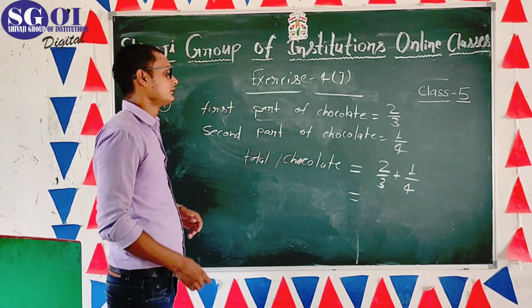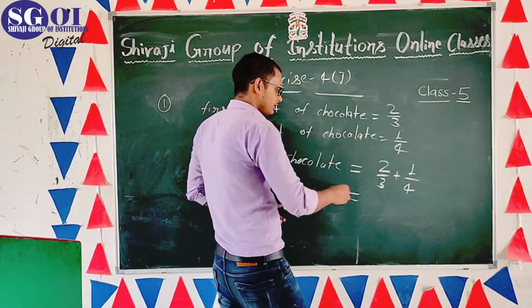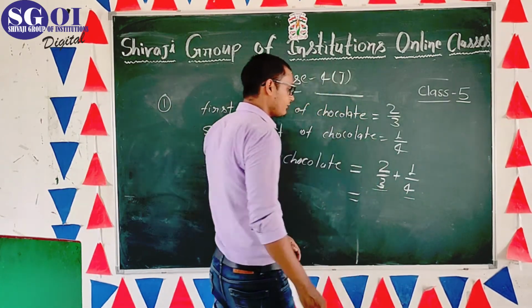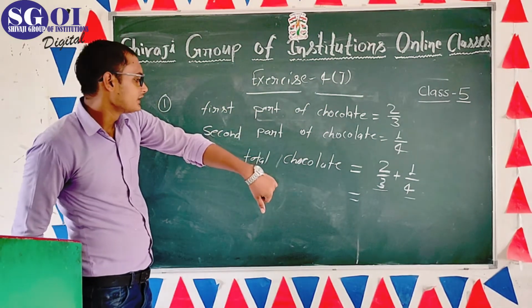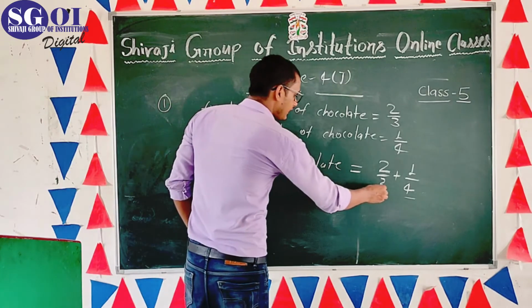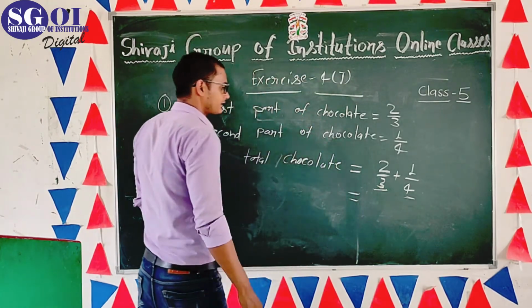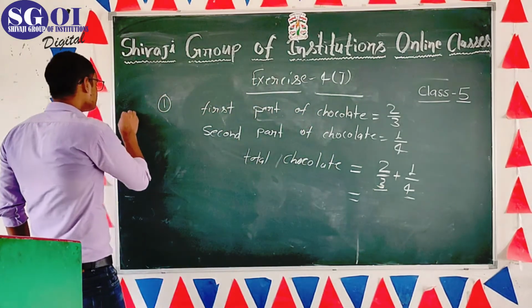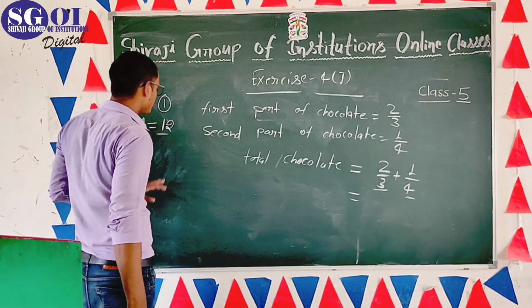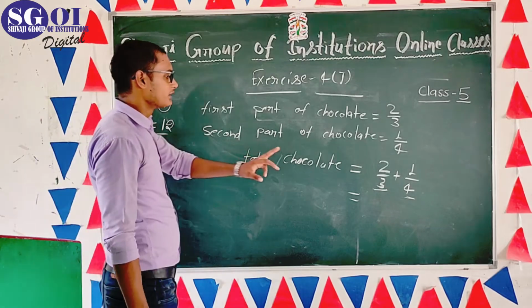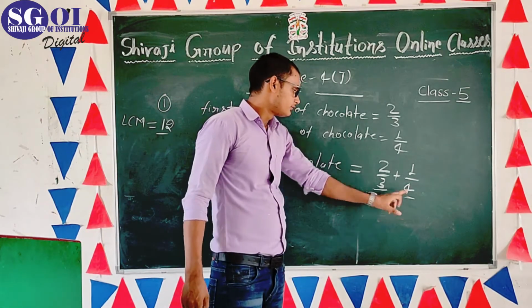As we learned, how to add fractions with unlike denominators. Students, first we find the LCM of the denominators. LCM of 3 and 4 is equal to 12.